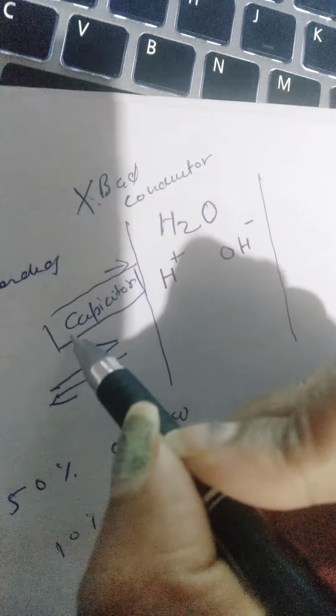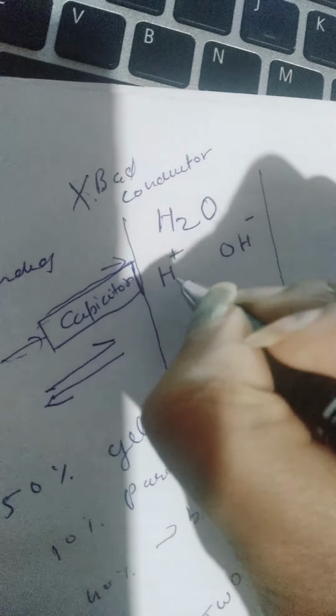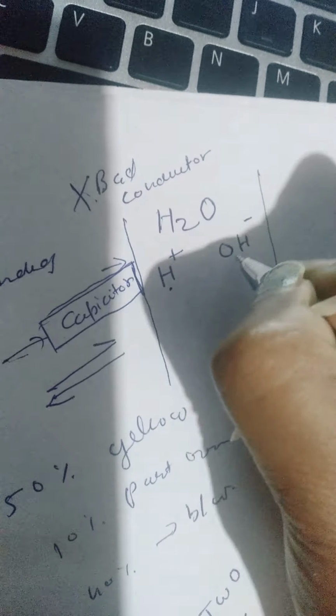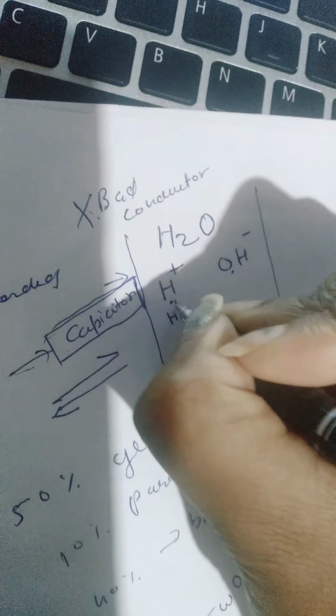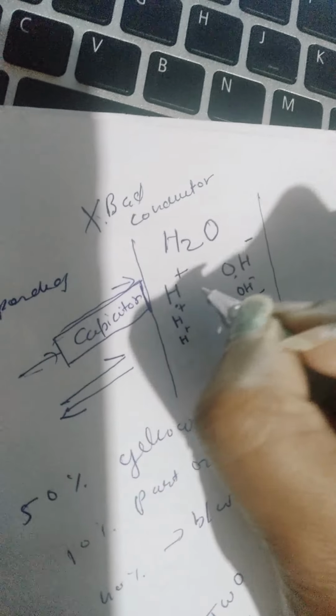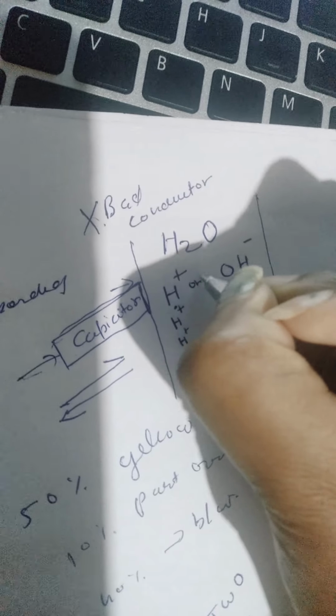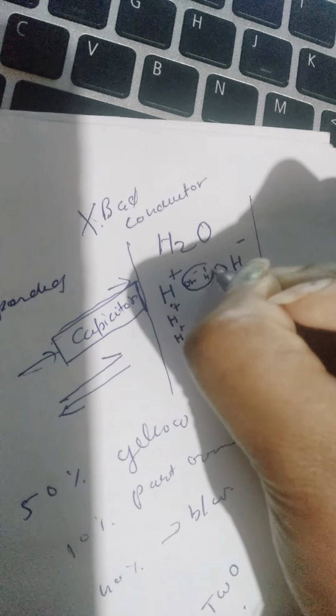When we apply an electric field in the capacitor, our H plus and OH minus get displaced and polarized. H plus, OH minus, and now OH minus, H plus, like that. We are making the polarization.